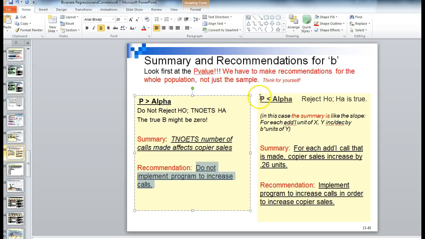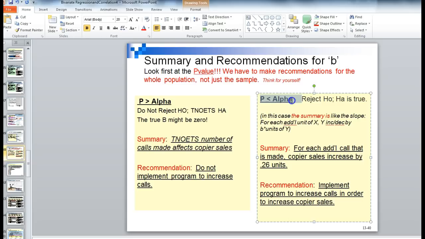On the other hand, I would have a different summary and different recommendations if I found there was a true relationship in the population as a whole. Then I would know that for each additional call, copier sales increase by 0.26 units. So we use the slope.